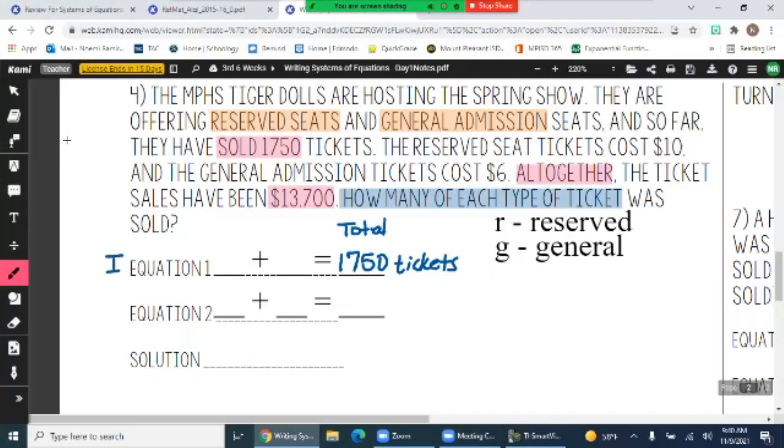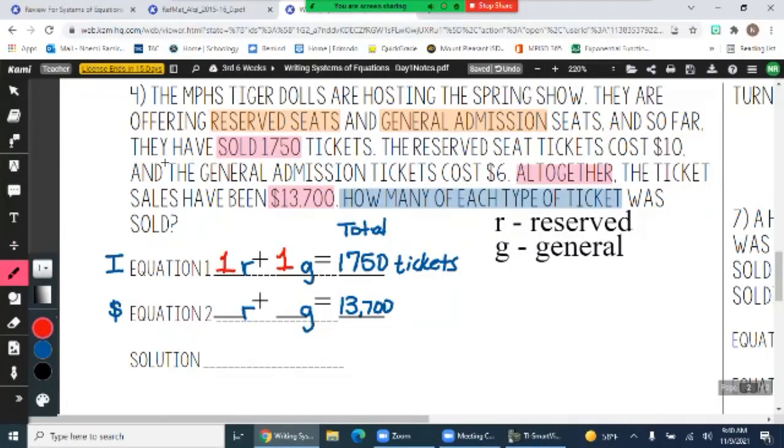This is going to be our item, our object. And then the other total that we're given is 13,700. Now this is a dollar amount. So I'm going to go ahead and insert my variables R G. If it's an item or an object, remember we wrote that at the very top. For items and objects, we want to put the number 1.